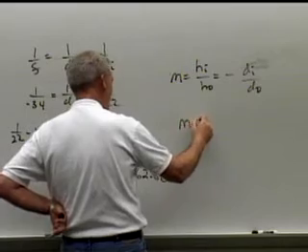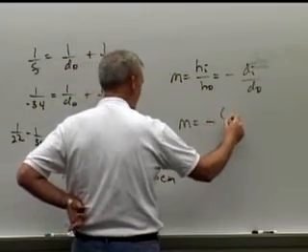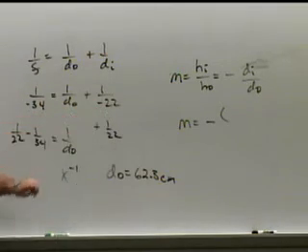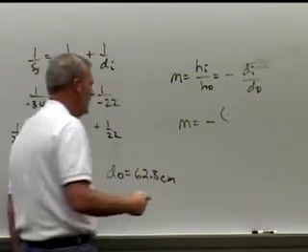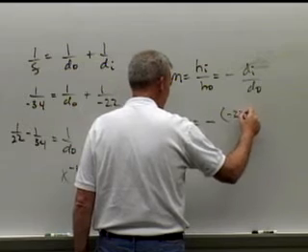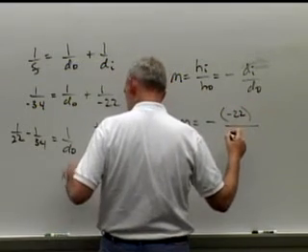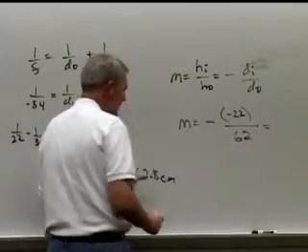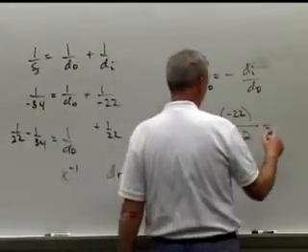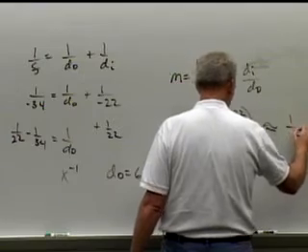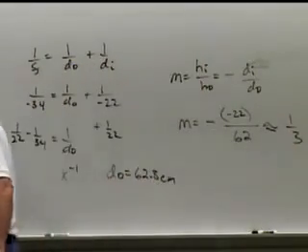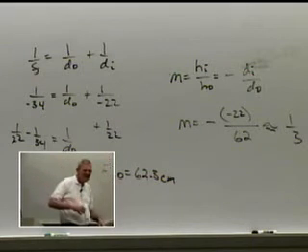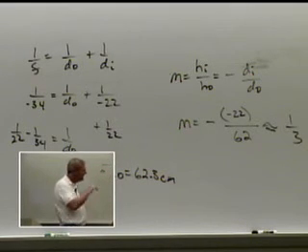You've got to go M equals negative, then I'm going to put my DI in parentheses, divided by 62, negative, negative, it's about 1/3. I'm going to call it 1/3. Close enough, right?